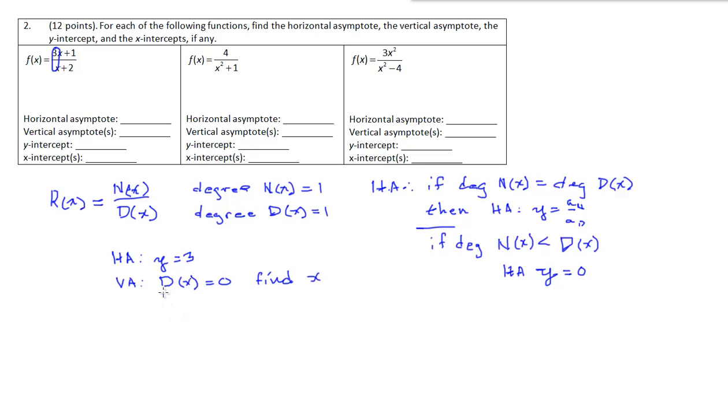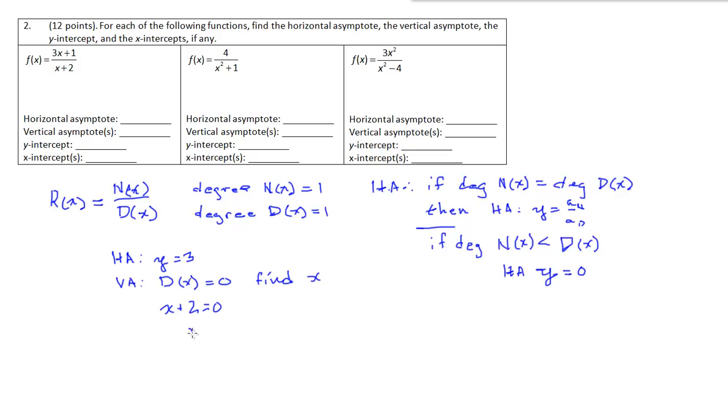And so in this case, we're looking up here. So the denominator is x plus 2. So we've got x plus 2 equals 0.